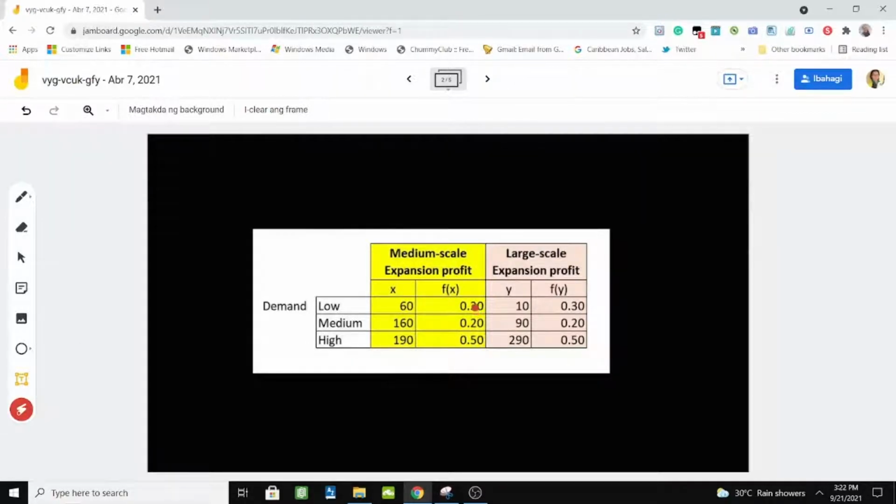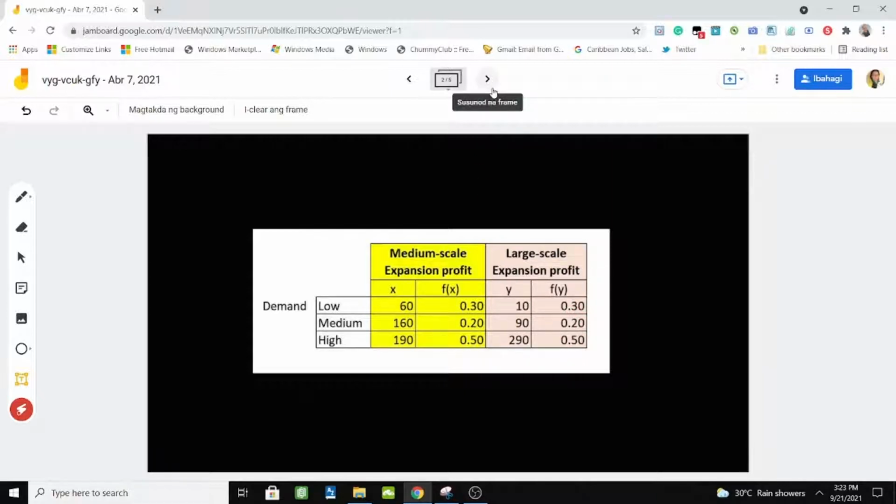And then for the percentage, this is 30%, 20%, and 50%. For the large scale expansion profit, the demand for low, medium, and high are 10, 90, and 290. And the percentage are 30, 20, and 50.